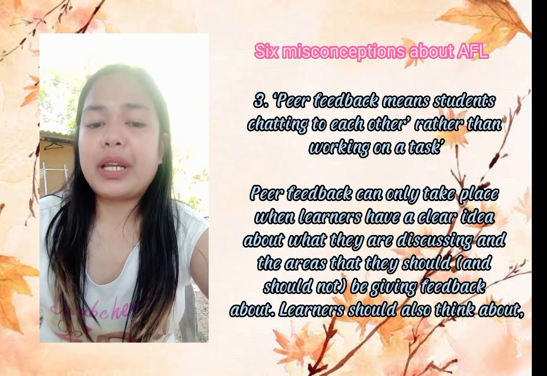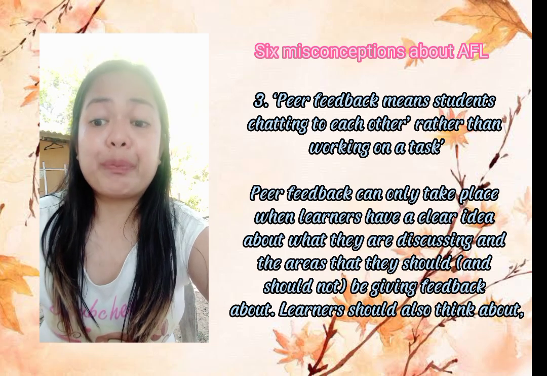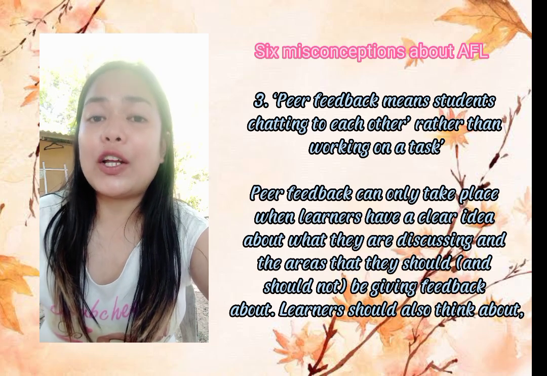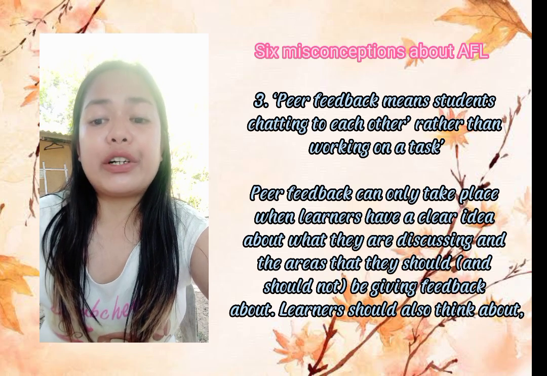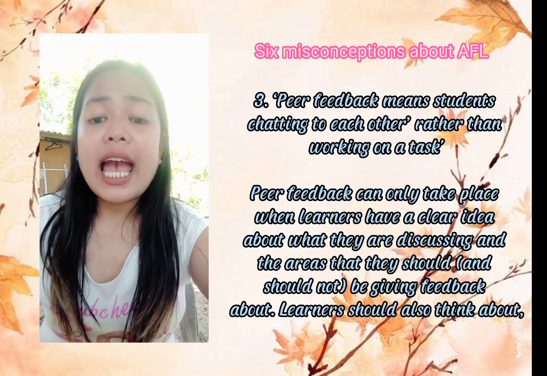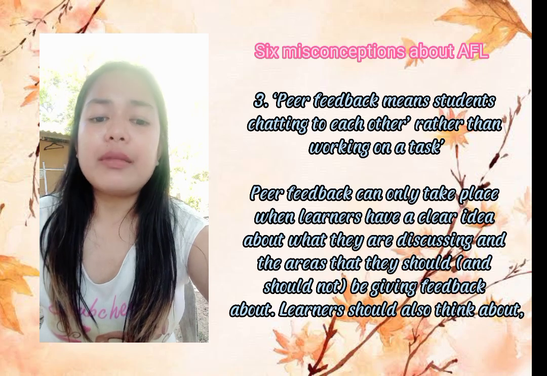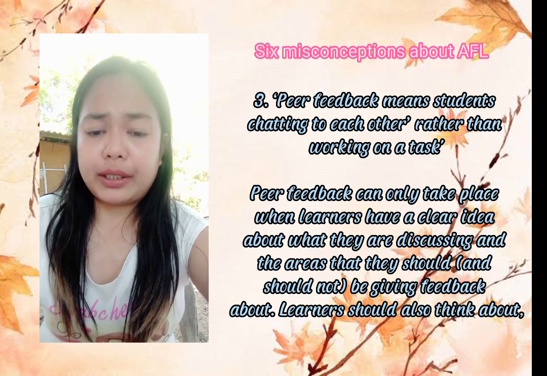Number 3, peer feedback means students chatting to each other rather than working on a task. Peer feedback can only take place when learners have a clear idea about what they are discussing and the areas that they should and should not be giving feedback about.